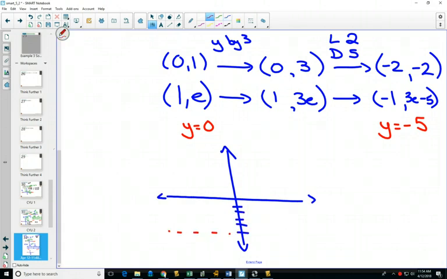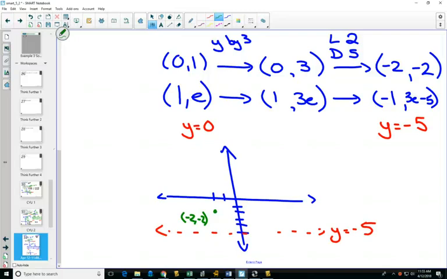So I would start by drawing my asymptote. Next, I would probably label the easy point, -2, -2.